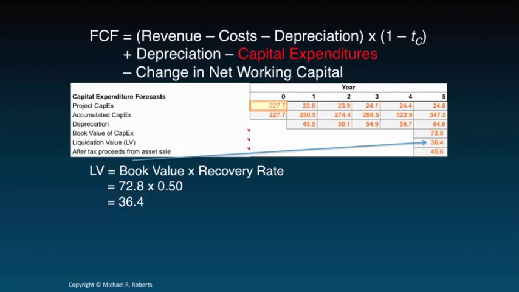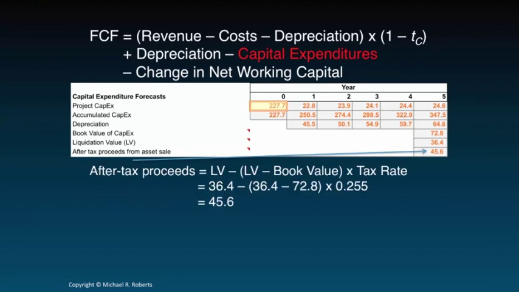But remember, we have to deal with taxes. And so what we're really interested in are the after-tax proceeds from selling this. So we're going to get $36.4 million, but we're going to experience a book loss because the value for which we can sell the assets, by assumption I might add, this isn't always the case, is less than the book value of the assets. I multiply that times the tax rate, so we get a little bit of a tax shield from our loss.